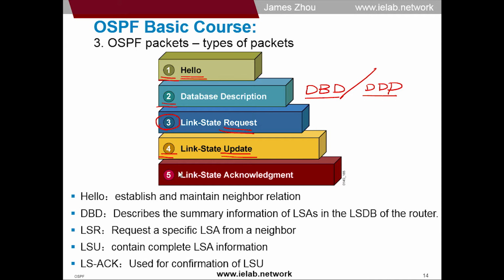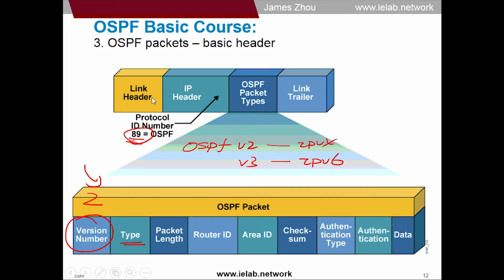Type 5 is LSAck, used to confirm receipt of an LSU. If a router receives an LSU, it will send back the LSAck. This is the type field.